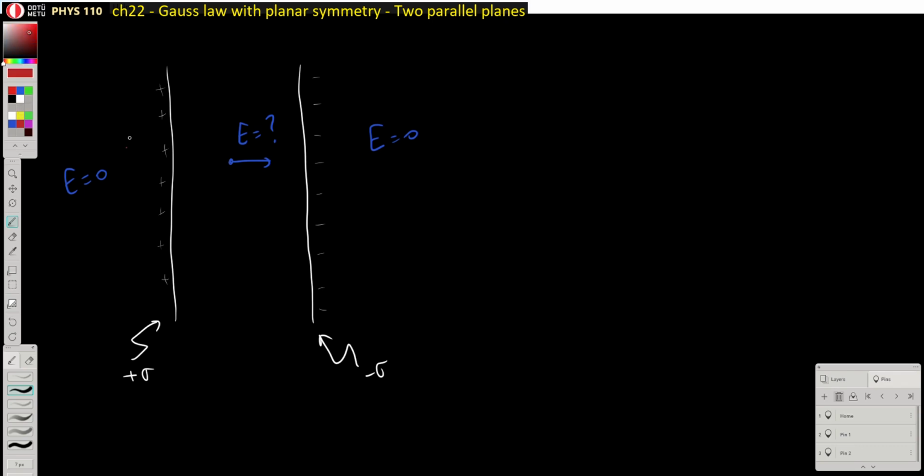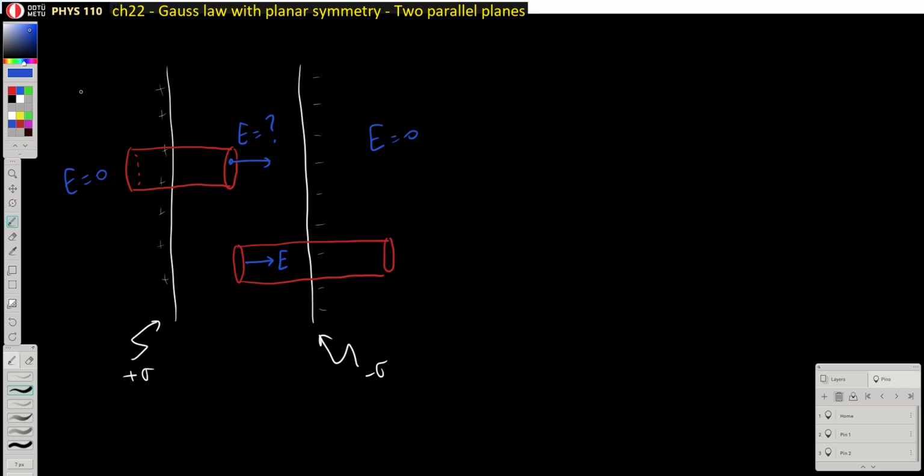One is to choose a Gaussian surface like that, in the shape of a cylinder again, but the right base is passing through that point and the left base is on the left side. Or I can choose a Gaussian surface like that, where the left base is passing through that point and the right base is on the right side, in which case the electric field is like that.